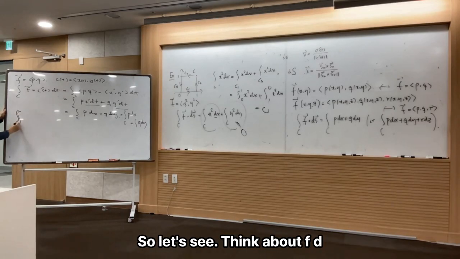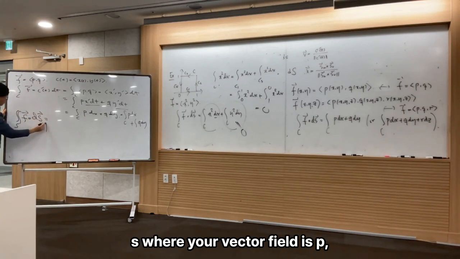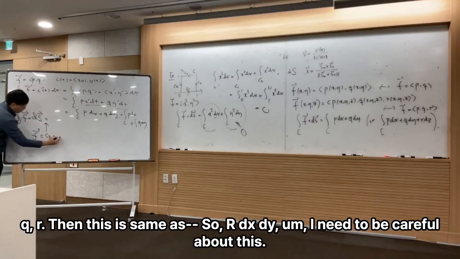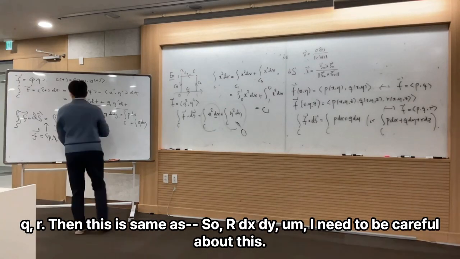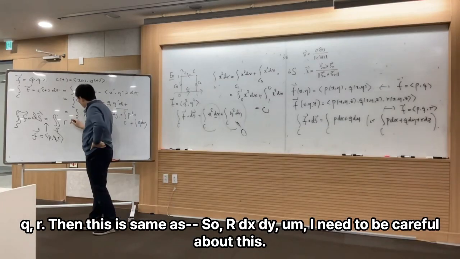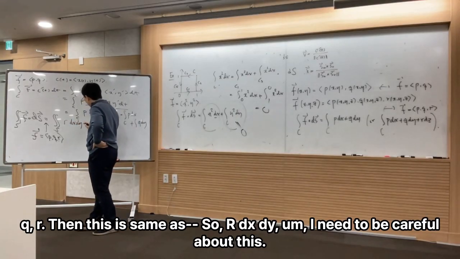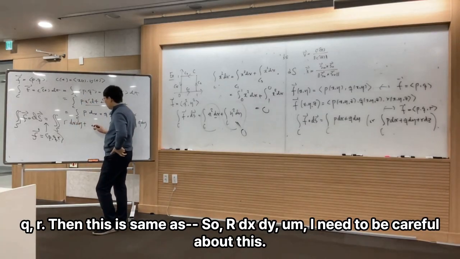So let's think about F dS, where your vector field is (P, Q, R). Then this is the same as R dx dy. I need to be careful about this.